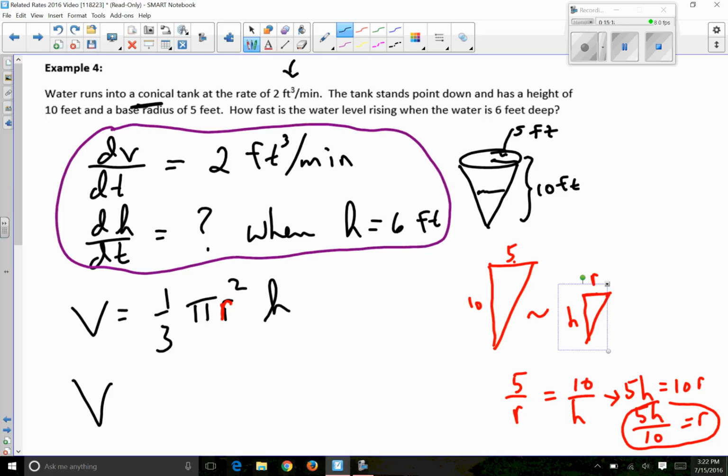The volume of the water in the tank is 1/3 pi times h over 2 squared times h.